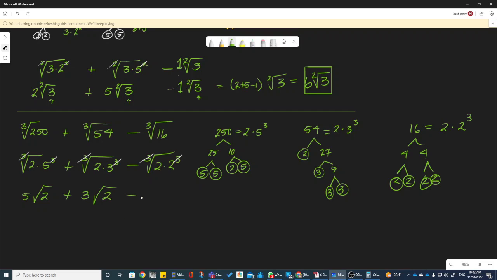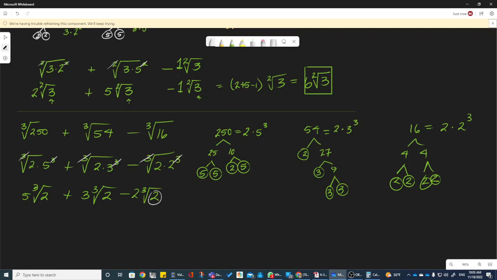And then the 2 goes out and another 2 stays in. They all have the same index and they all have the same radicands. Okay? Like so.